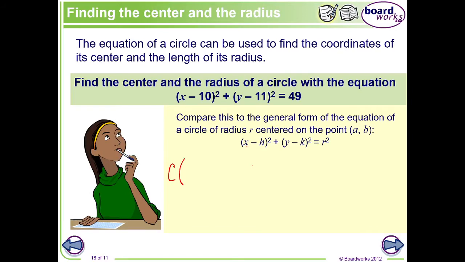Take note, it's already written in this format: x minus h squared plus y minus k squared. So, what is the value of h? The center is simply h, k. Now, what's the value of h here?